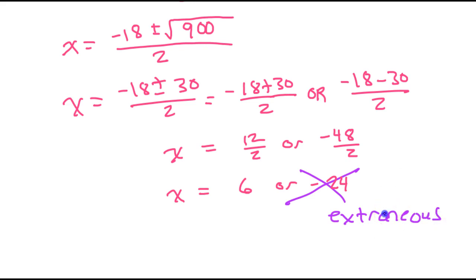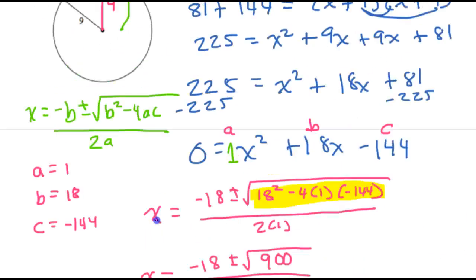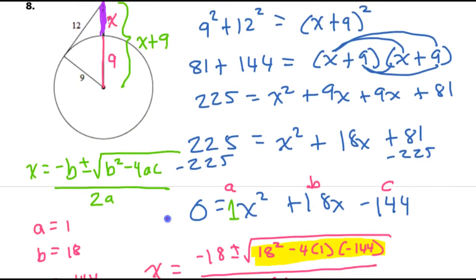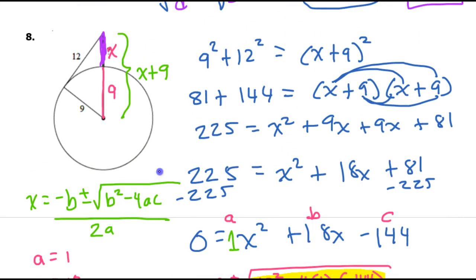Technically, that's the word we use when you get a solution that doesn't actually work. So x equals 6 is actually going to be the only real answer. So that's it. X equals 6.